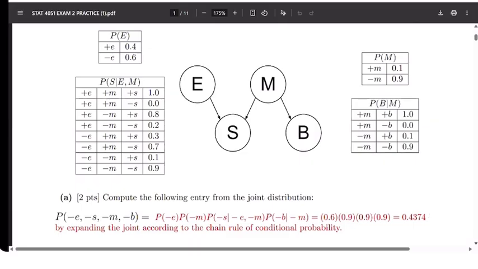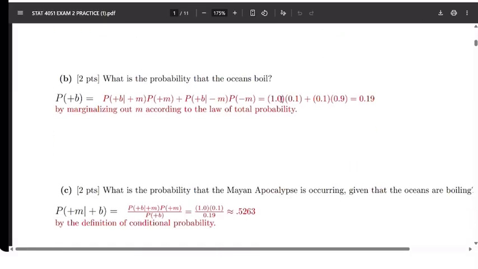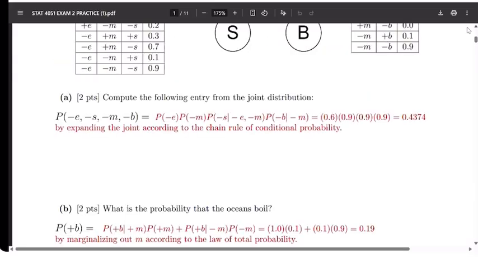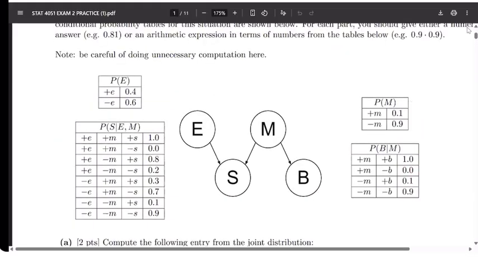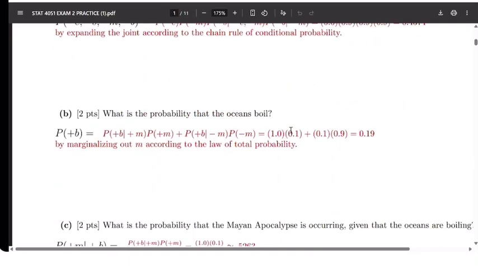That's one, and that's why you see me putting one here. Then the probability of M plus is 0.1. Can you see M plus 0.1? That's why I'm plugging in 0.1. Then I'm going to go to the other one and plug in the same. I'm done.